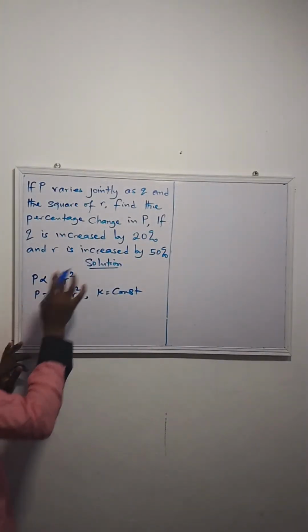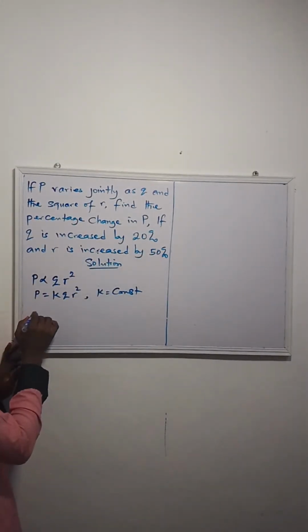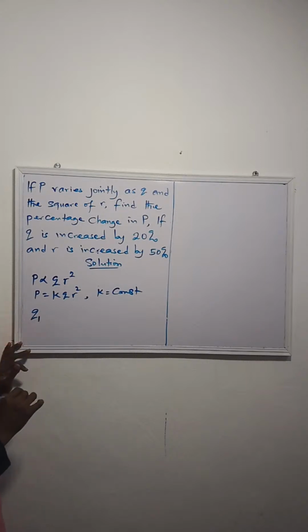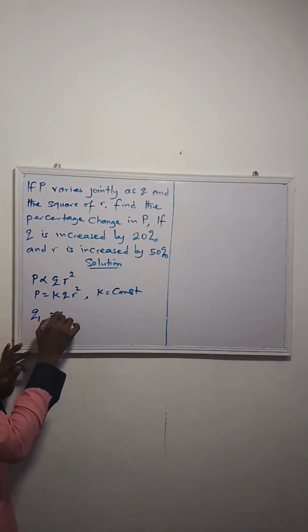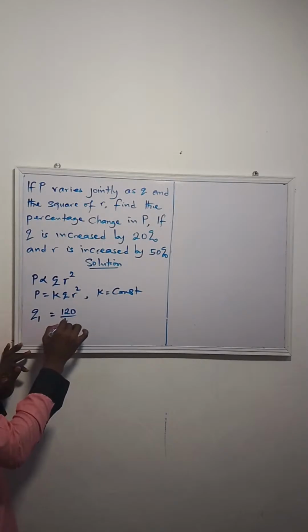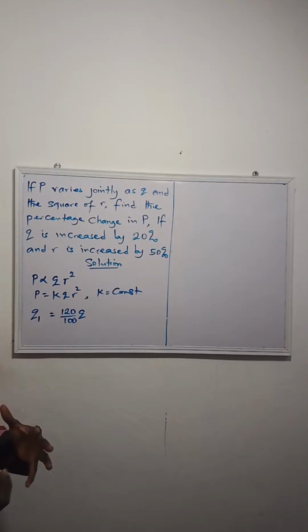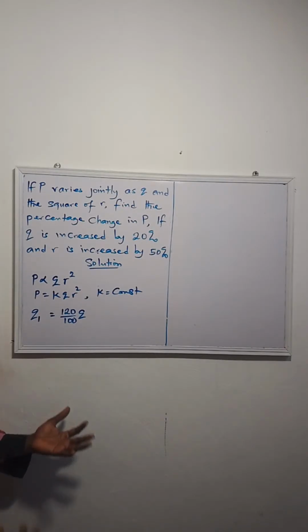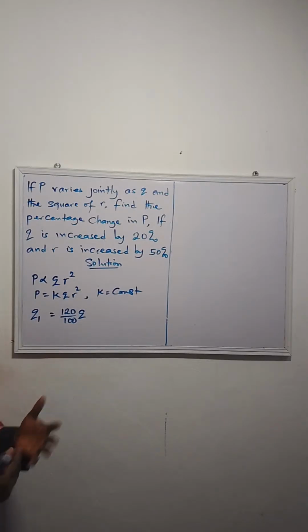Now, Q has been increased by 20%. So our new Q, let's call it Q1, is 120 over 100 Q. Just like the example I gave earlier, 1,000 naira increased by 50% is 150 over 100 times 1,000 naira.